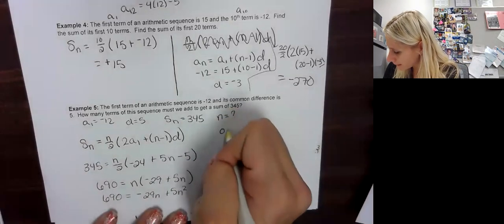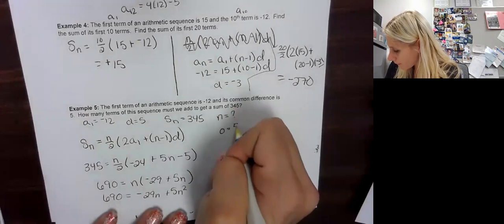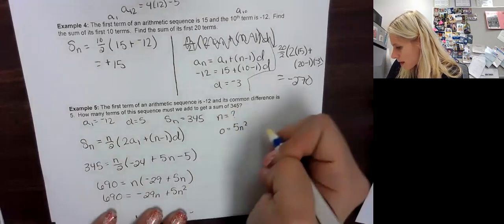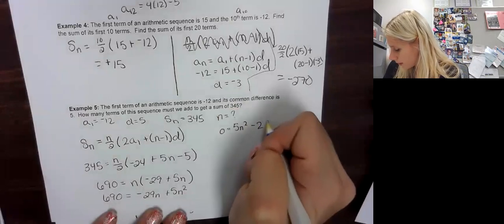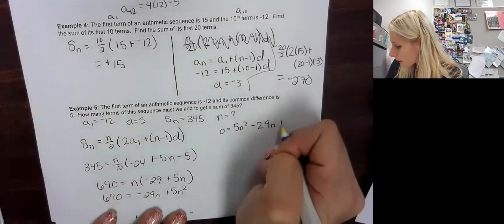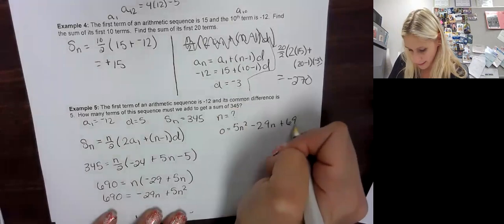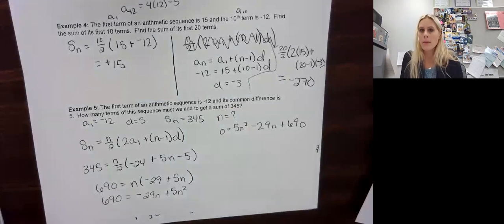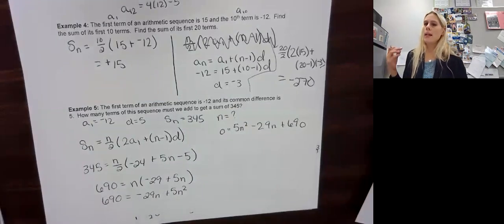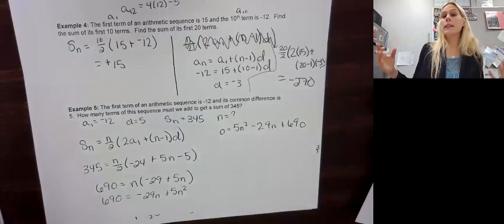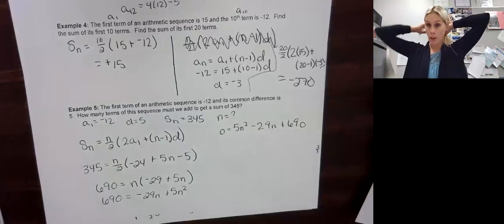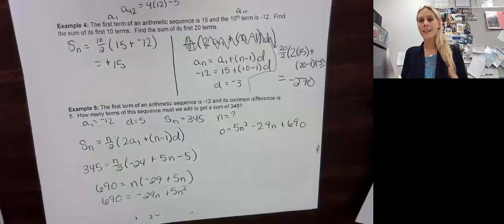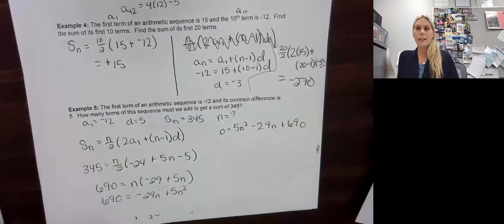So right now I have 0 equals 5n squared minus 29n plus 690. This looks like a mess to factor, right? Because I would have to multiply 5 and 690 and see what two numbers multiply to give you that, but add to give you negative 29.